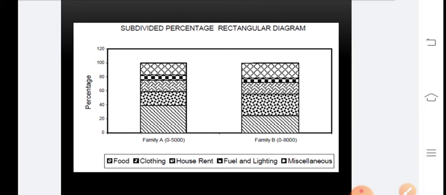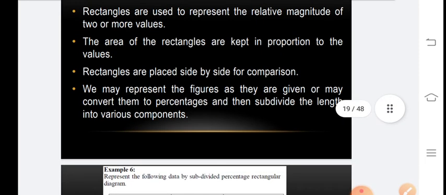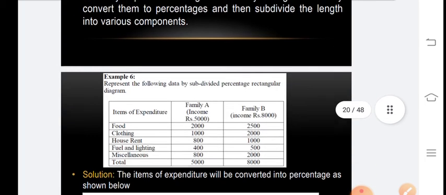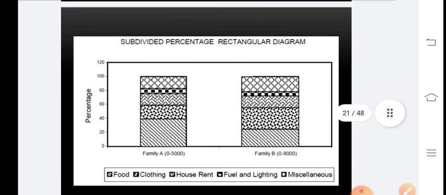On the x-axis are the proportions: family A is 0 to 5,000 and family B is 0 to 8,000. The areas of the rectangles are kept in proportion to the values, 5,000 for family A and 8,000 for family B. Like this the proportion is maintained.